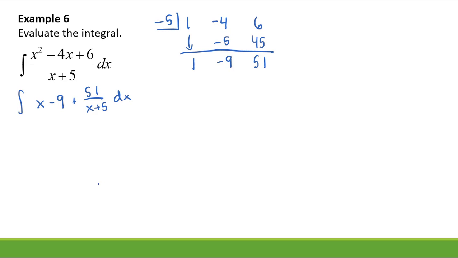I can integrate the x and get 1/2 x squared minus 9x plus the integral of this, if you want to make your u substitution, x plus 5, du is dx. So it's really 51 ln of x plus 5 plus c.